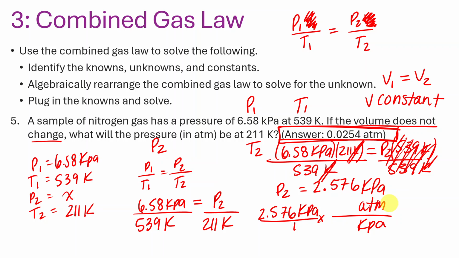So from my conversion factors that we saw in the previous problems, I know that 1 ATM is equivalent to 101.3 kPa. So I'm going to go ahead and divide my 2.576 by 101.3 kPa, and then this is going to give me my correct answer, which is 0.0254 ATM.